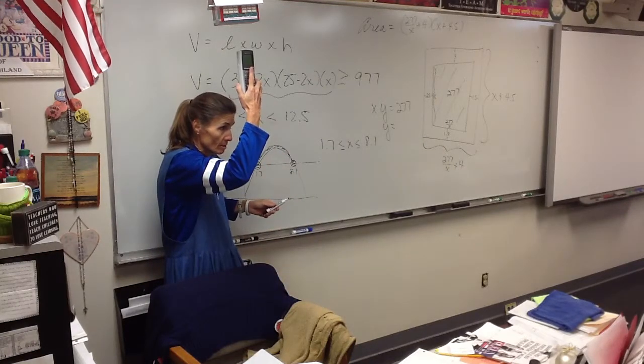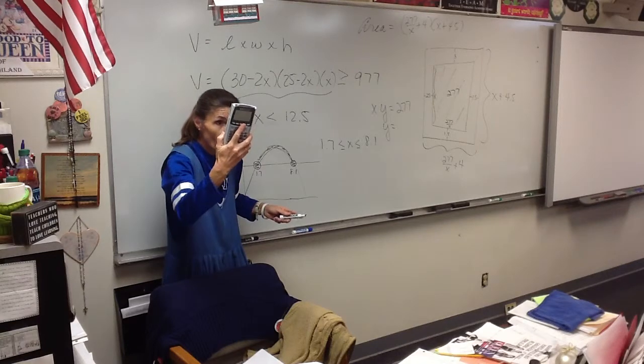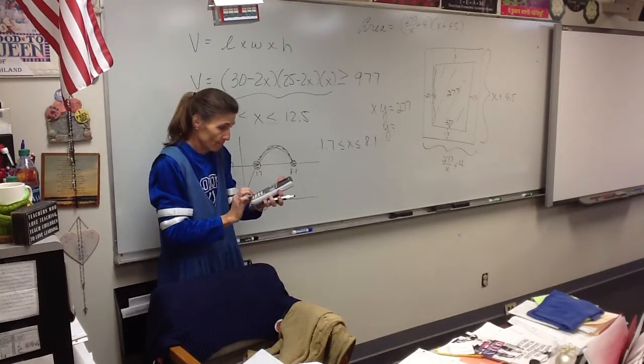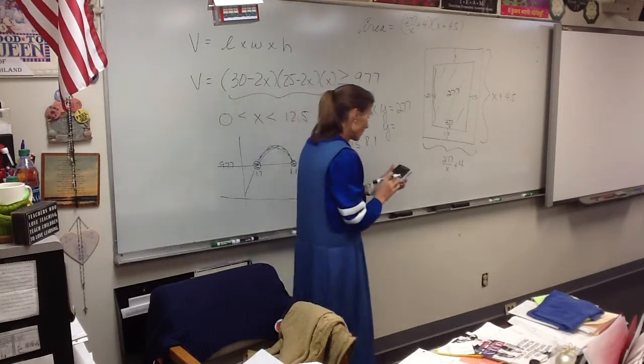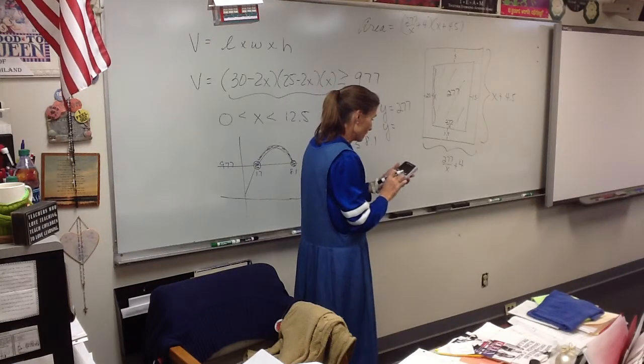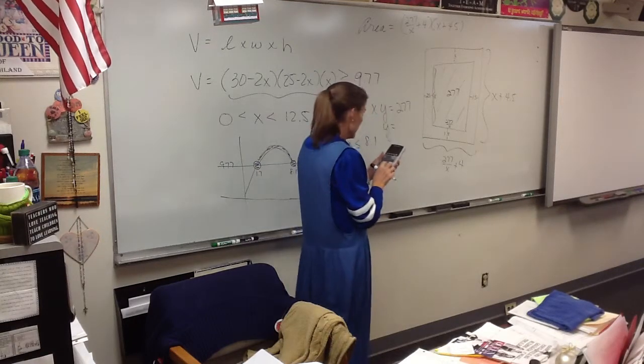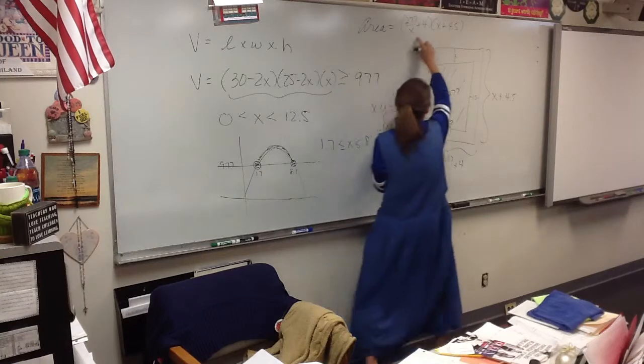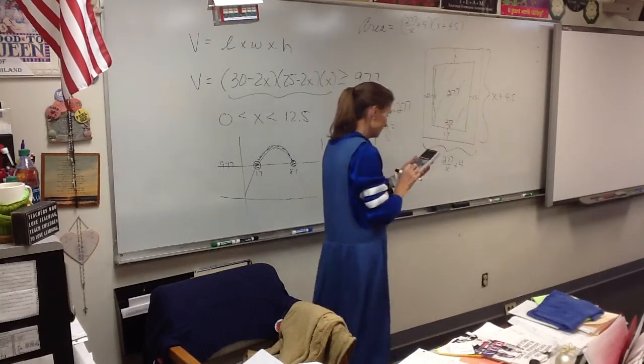Graph. Get my handy calculator out and look for what? We don't do this very often. What would we be looking for? The minimum. You can go ahead and put that equation in just like it is.